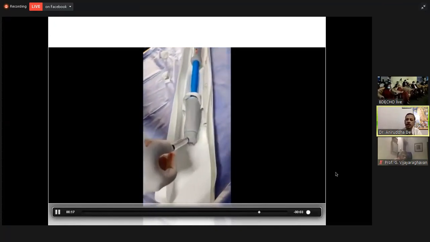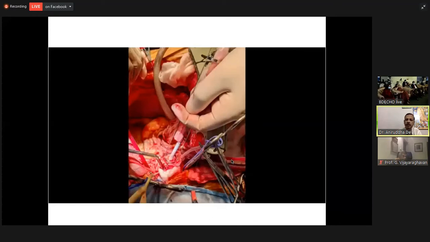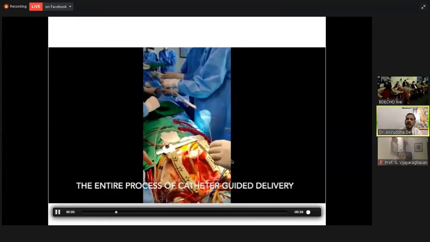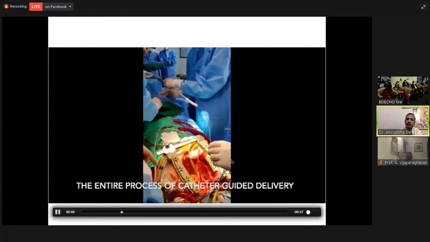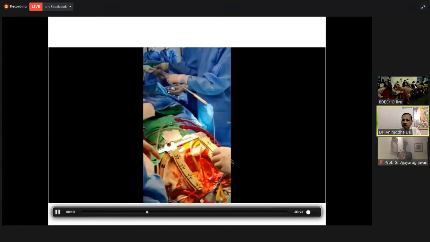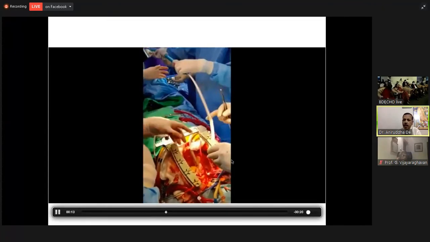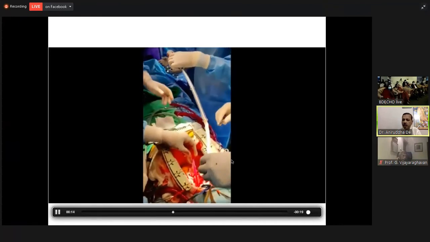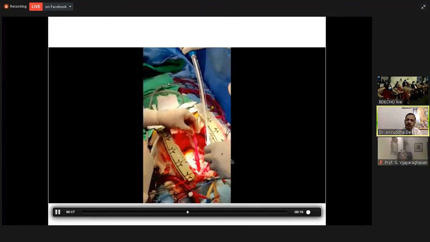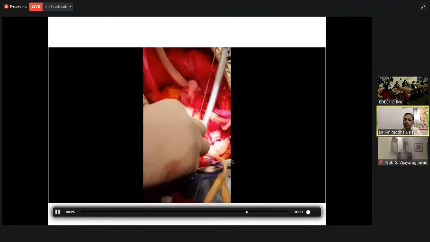You can see the entire process of catheter guided delivery into the descending aorta.